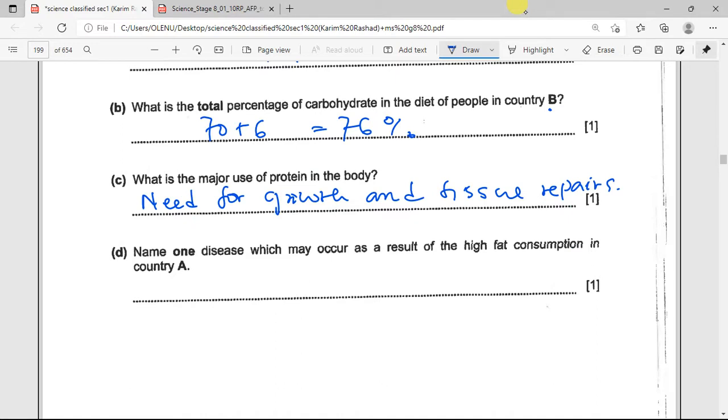Now, name one disease which may occur as a result of high fat consumption in country A. A result of high fat is diabetes, and we can also have heart attack because it causes blockage of your coronary arteries.